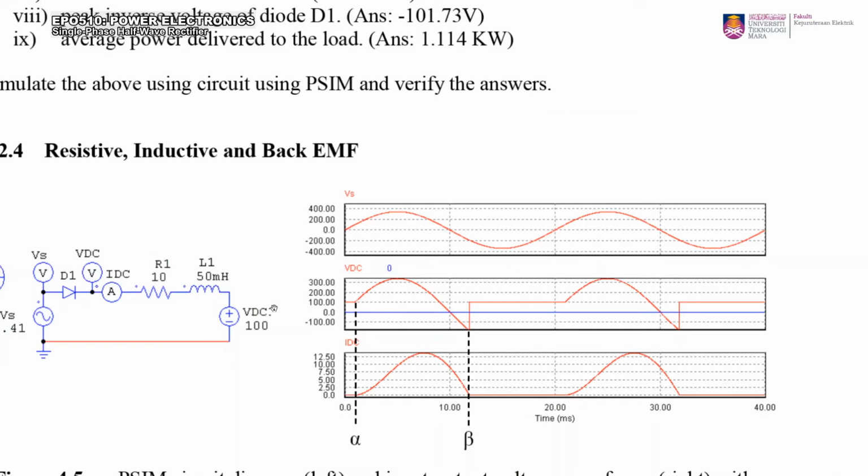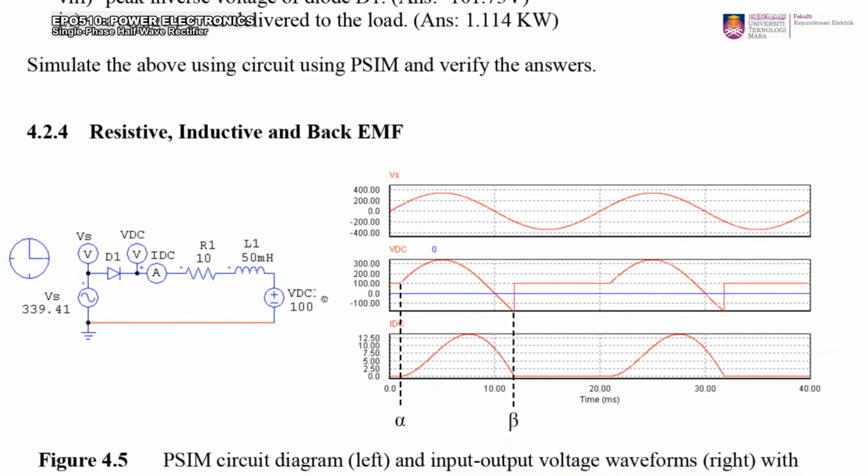Okay, right. Then, if we superimpose the supply voltage, this is the point where the supply voltage is now greater than the back EMF, and therefore current now starts to flow in the clockwise direction.